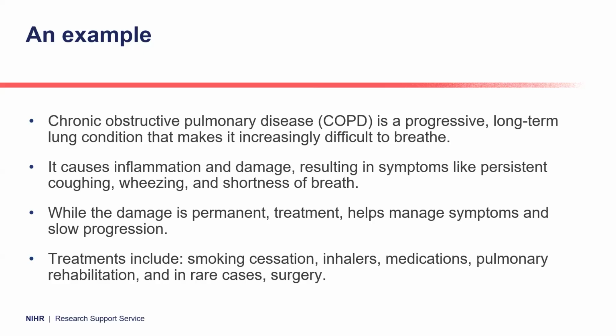The damage is permanent, but treatment may help manage the symptoms, and may also help slow progression. There are a wide range of treatments that people can access if they've got COPD. That includes things like smoking cessation guidance and support, inhalers, medications, something called pulmonary rehabilitation, which is where we're going to focus our example, and in rare cases, there might be surgery.